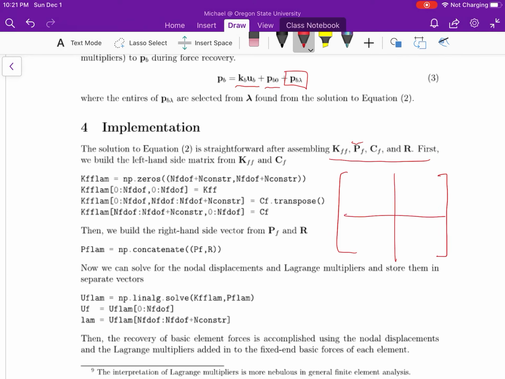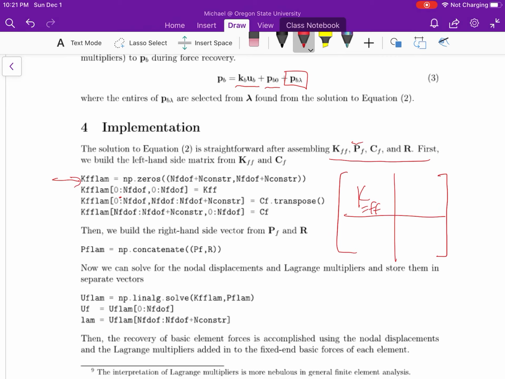We initialize this matrix to be all zeros, and then we write into the upper left block, from row 0 to NFDOF and column 0 to NFDOF, the KFF we assemble for the unconstrained structure.